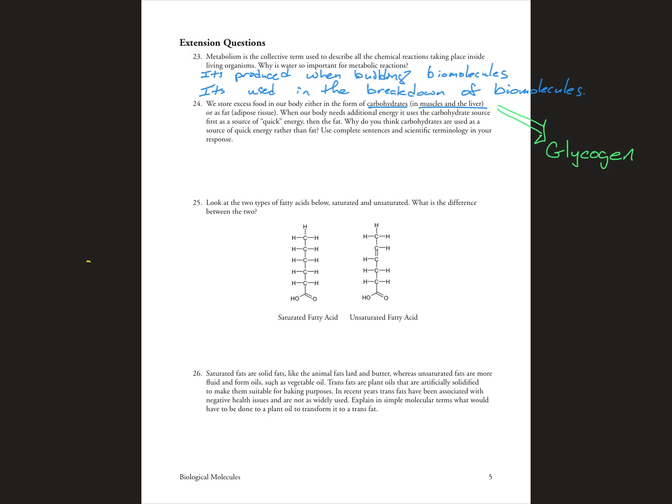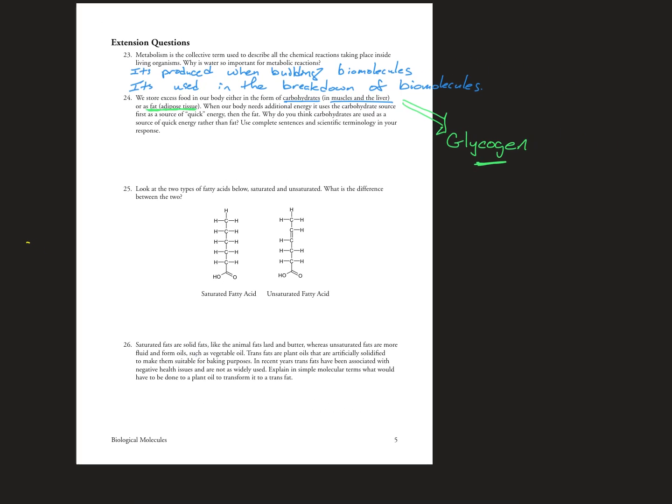That's how it's stored. And in adipose tissue, it's stored as fat around your belly and different places in your body. You store excess energy in the form of fat. When your body needs additional energy, it uses carbohydrates as a quick source first. So it uses glycogen, which, by the way, is how our feedback loop that we talked about with glucagon and insulin works. It releases glycogen from the liver.